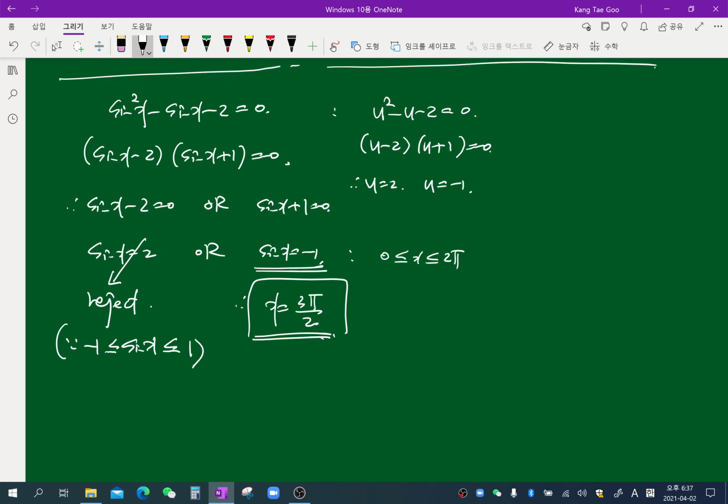In that case, you need to apply the trigo identity formulas, and after that, you should go for the factorization. No other way. So if there is sine 2x and sine x together, or cosine 2x and cosine x together, or all of them together, then you must go for the factorization. That's the first way to solve that.